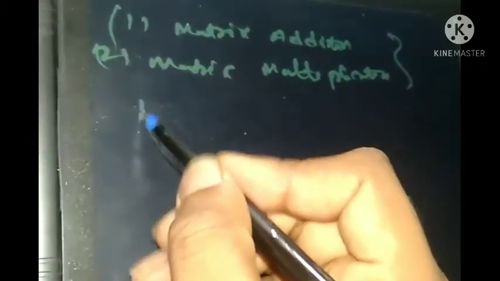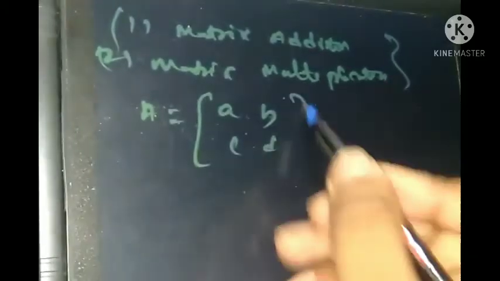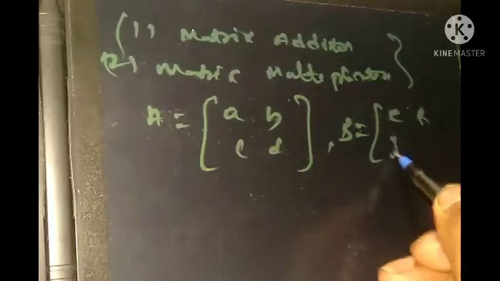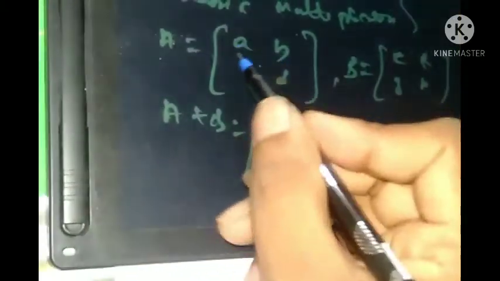Suppose we consider the matrix A, B, C, D, and another matrix E, F, G, H, and we add these two. A plus B is equal to this.